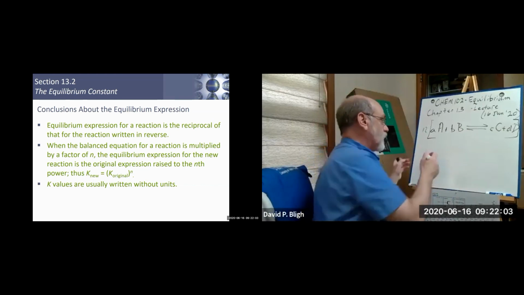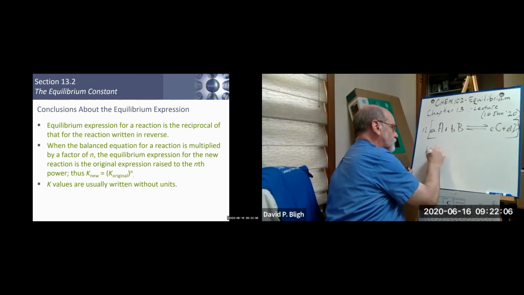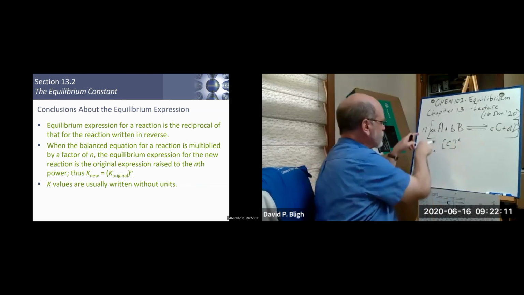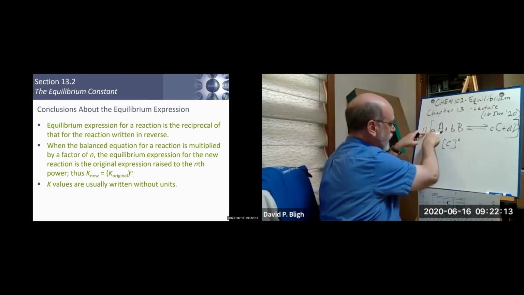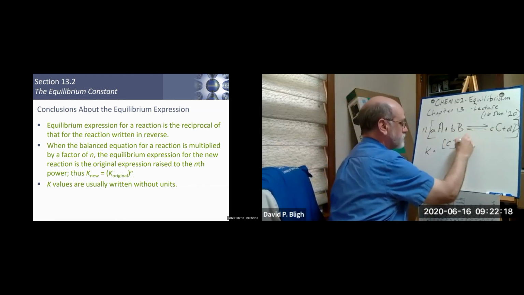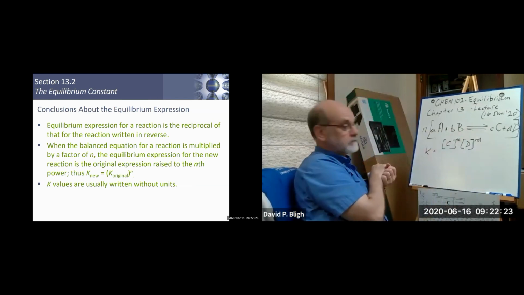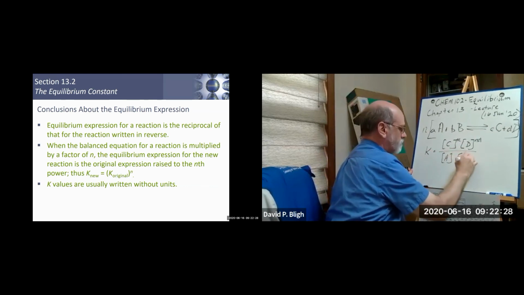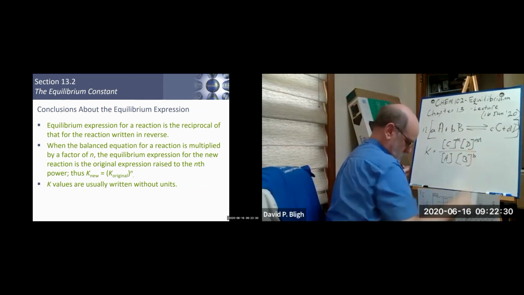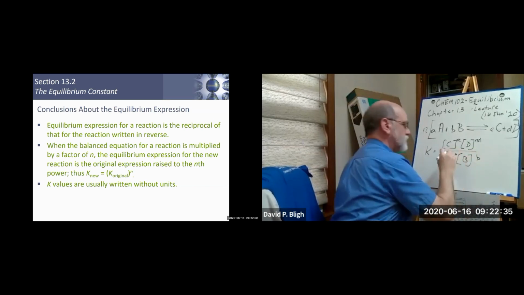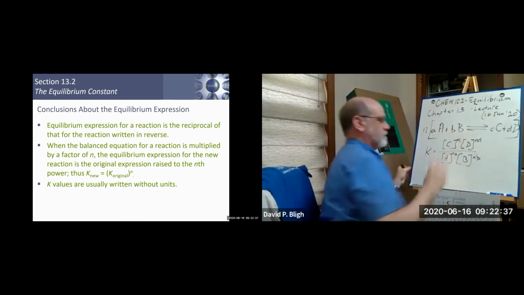So if K is, in this case, C to the c, what happens here? Well, n times A, n times every one of these coefficients. So that means you got an n here, you got an n there, you got an n there and an n there.